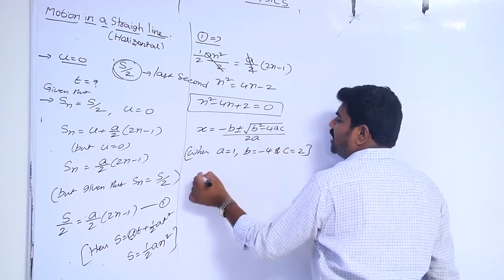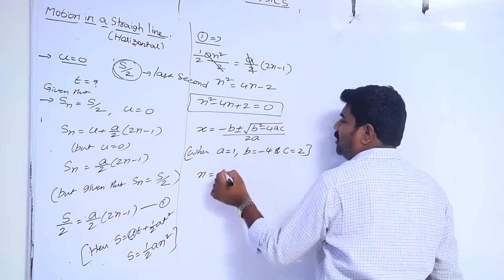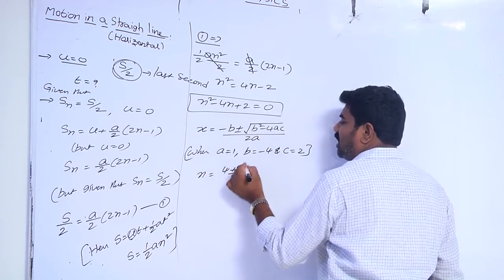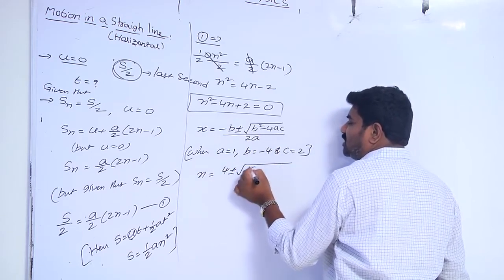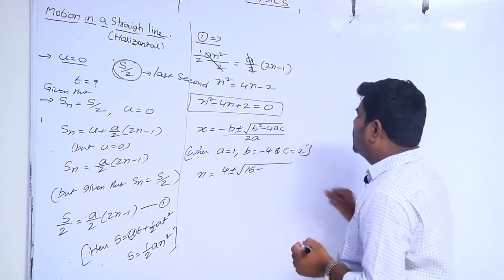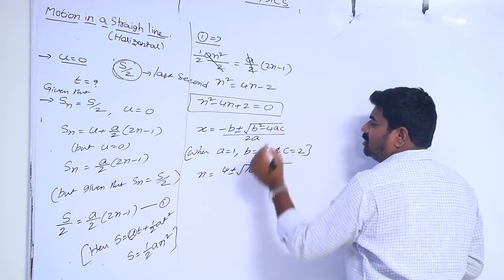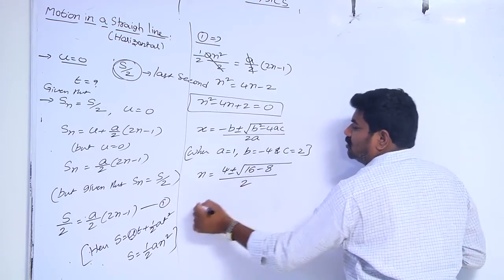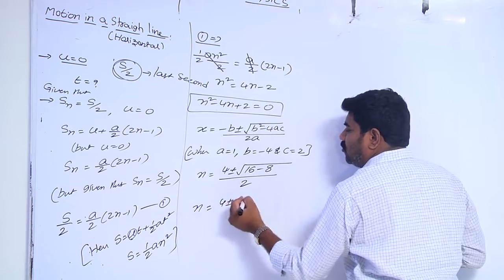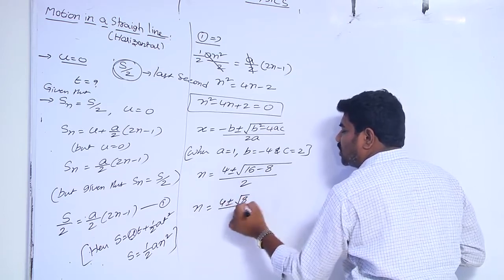So n is equal to minus, minus 4, plus or minus under root of b square, that is 16, minus 4ac. 4 into a is 1 into c is 2, that is nothing but 8, by 2. n is equal to 4 plus or minus root 8 by 2.